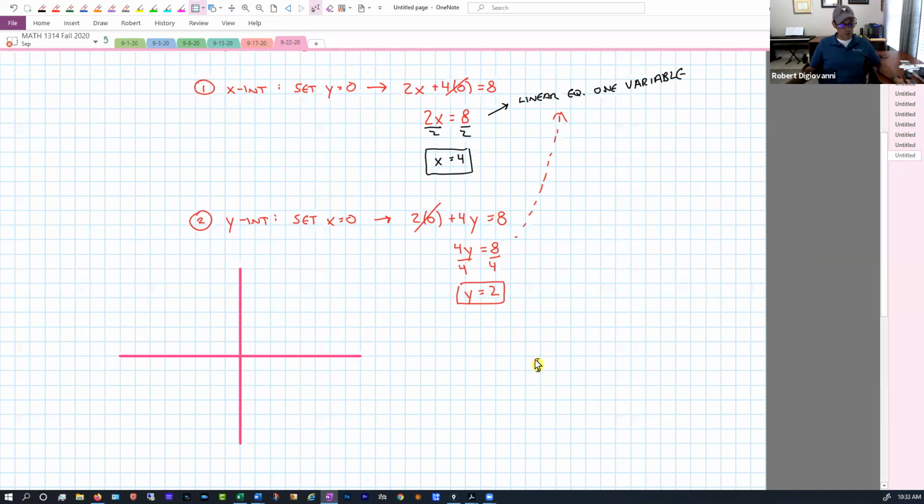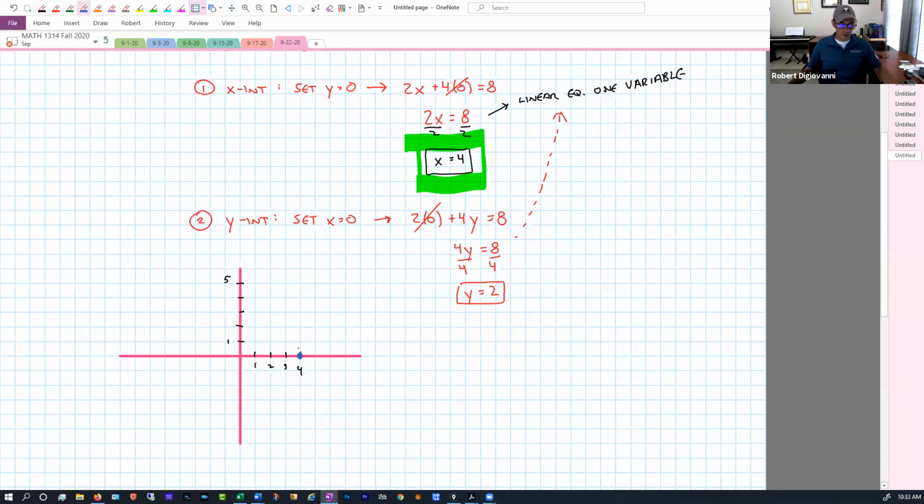Okay, so here I'm going to come and mark out, let me see here. Here's 1, here's 2, here's 3, here's 1, 2, 3, 4, 5. So my first piece of information, that I have an X-intercept at 4, means that I need to move out on the X-axis to 4 and draw a dot.